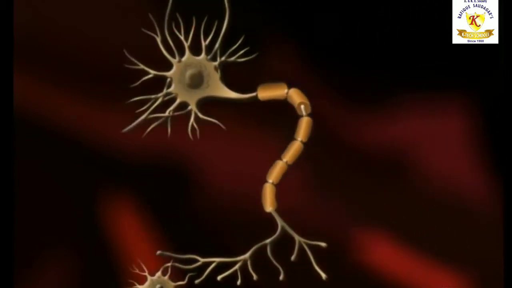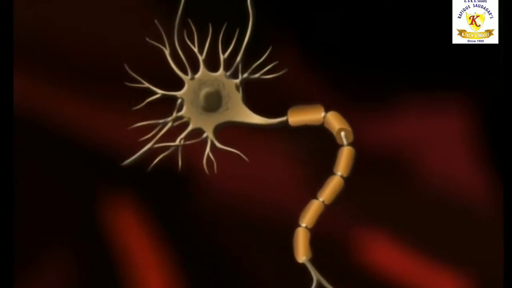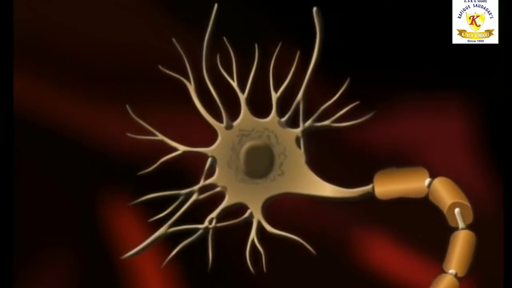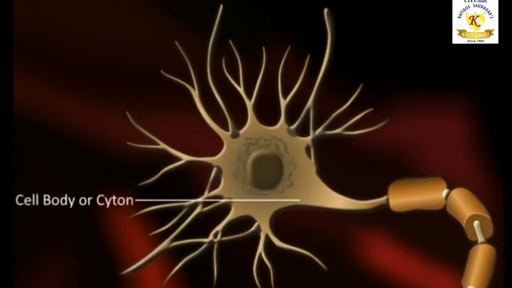It may be elongated over 100 centimeters. A neuron can detect, receive, and conduct the nerve impulse to various parts of the body.